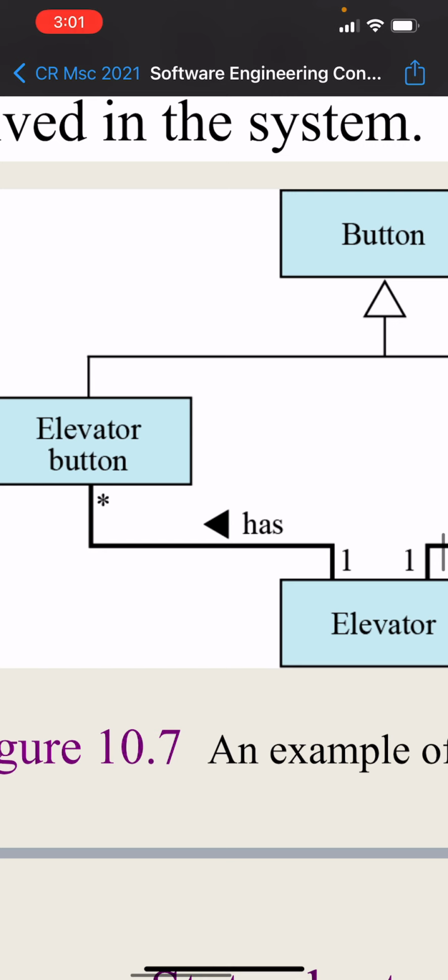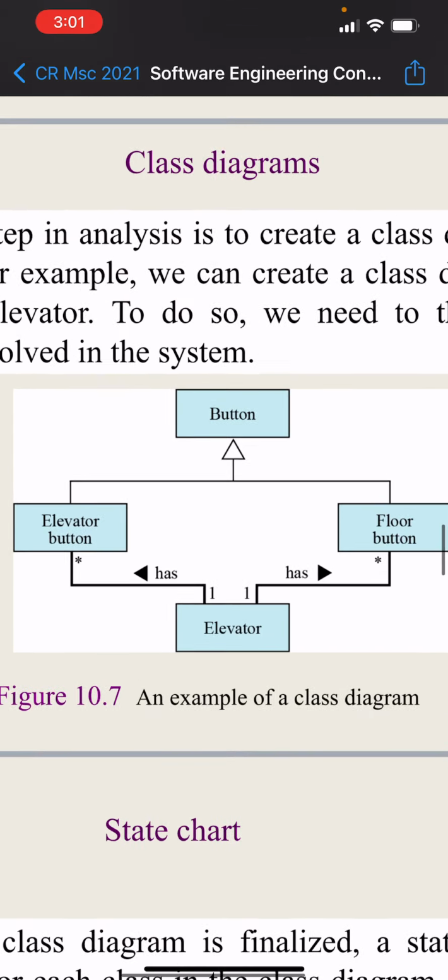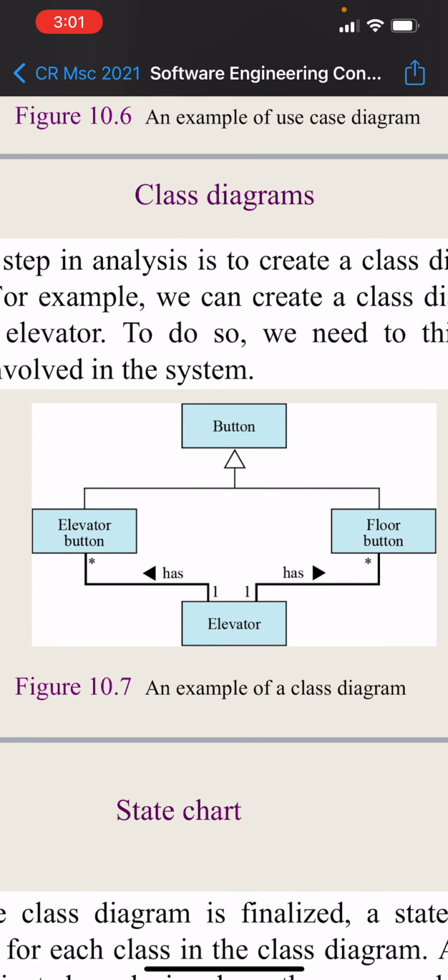For example, the elevator has an open button, a close button for the door, and if you introduce an emergency stop or emergency call button, you can create as many buttons as you want.